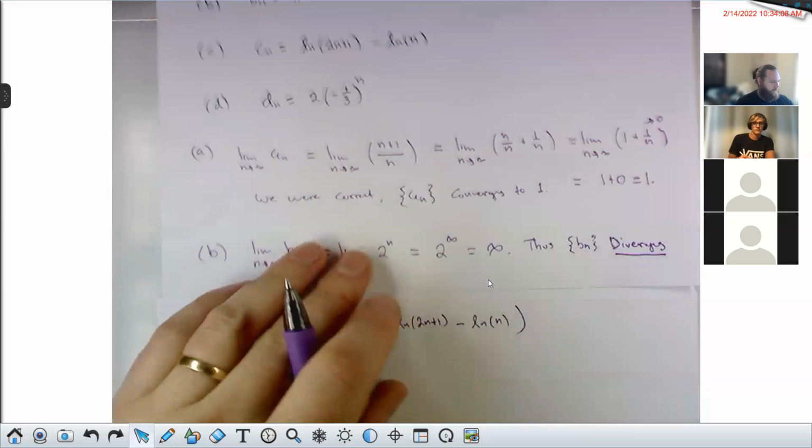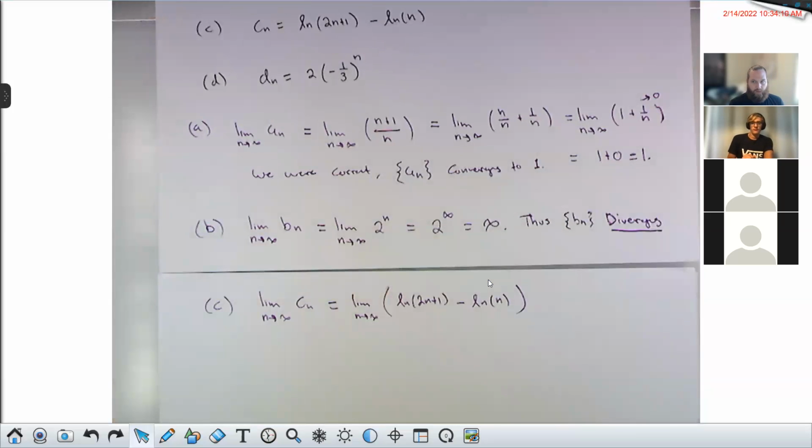And we've discussed that the natural log of infinity is infinity. So this piece is going to infinity because inside, 2n plus 1 is going to infinity. And this piece is going to infinity because inside, n is going to infinity. So this at a glance would look like infinity minus infinity. What is that? Indeterminate. Yeah, good. That's indeterminate.